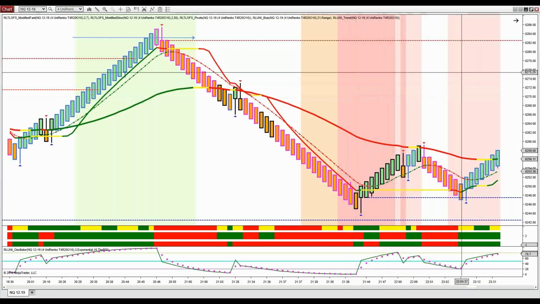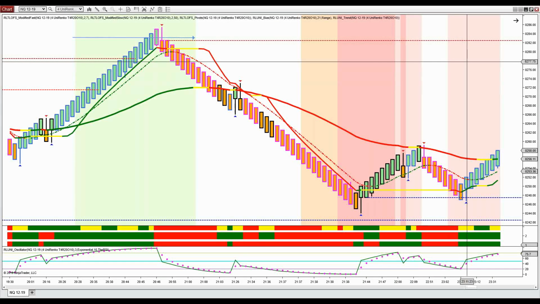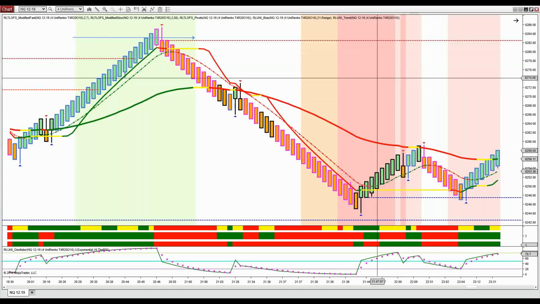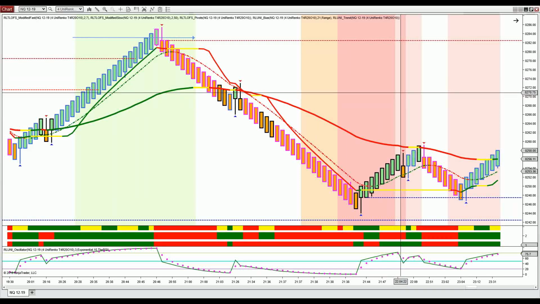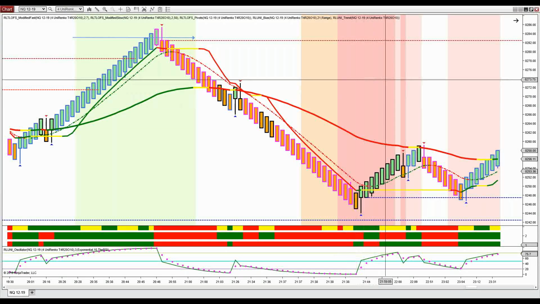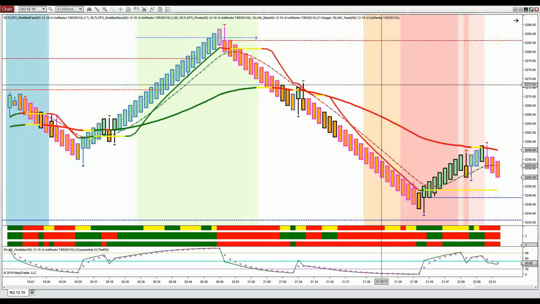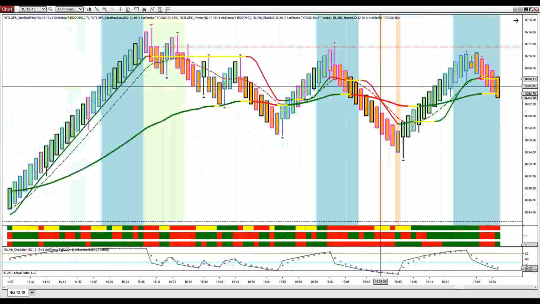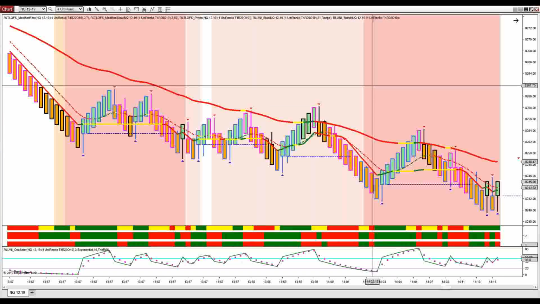But it's looking at the slope of the 50, the slope of the 15, where price is in relation to it. It's doing a market structure price action assessment. And this is the strongest down color. And this is the strongest up color. Right here.